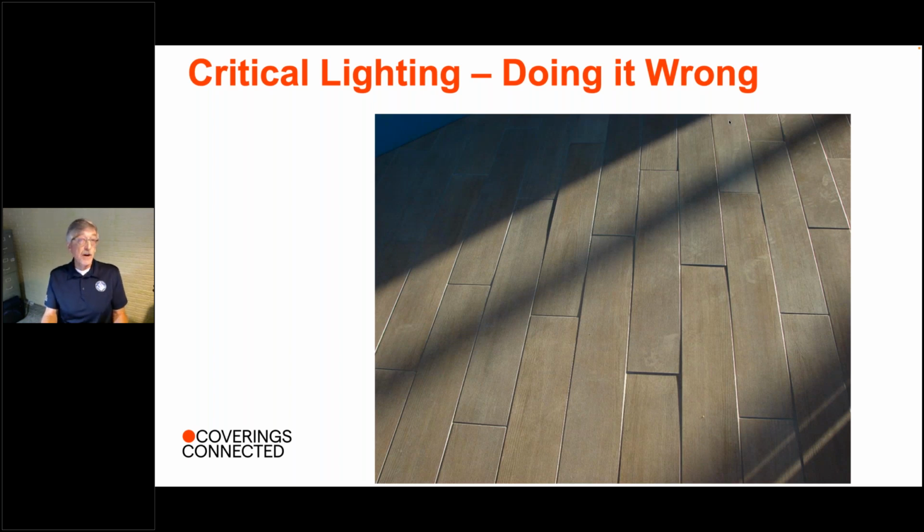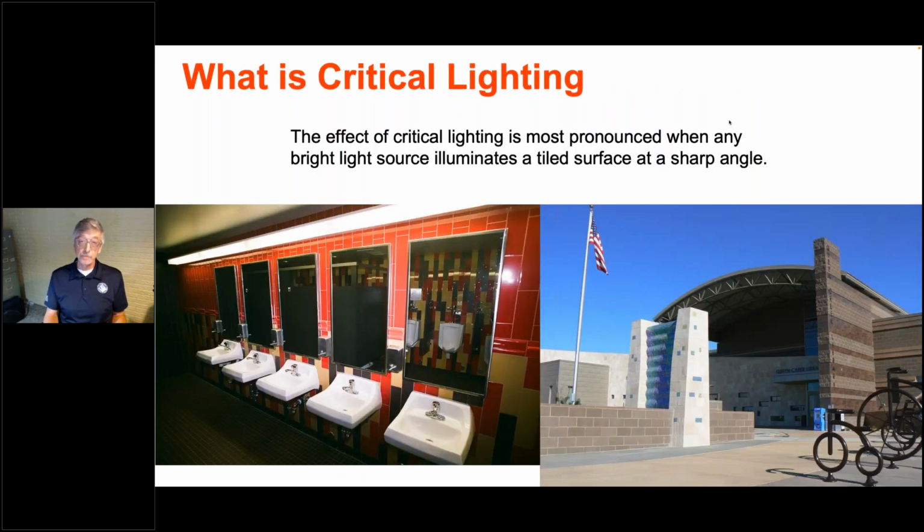Maybe the installer didn't have the right skill level. Maybe the fact that lighting, natural lighting was going to shine in on this job wasn't considered before the installation. Two, three, four things, any single one, maybe all of them, could have caused this to not be a good looking installation. So what is critical lighting anyway?